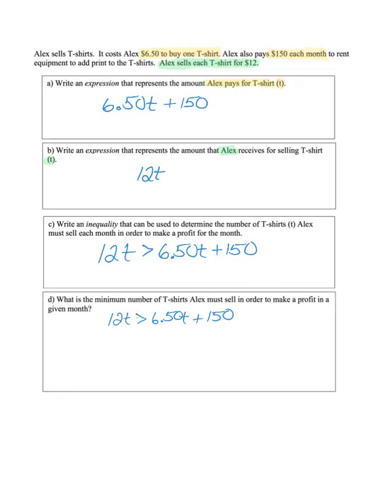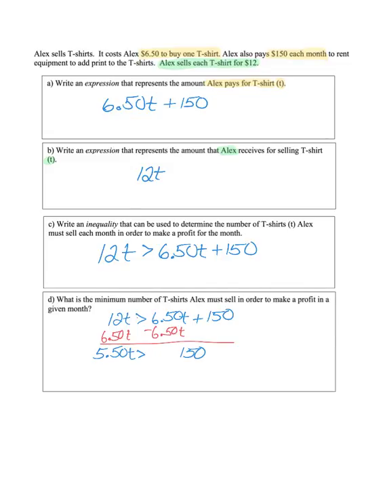So we're first going to subtract that $6.50 t from each side. That will now leave us with 5.50t is greater than 150. And finally, we're going to divide both sides by our 5.50.